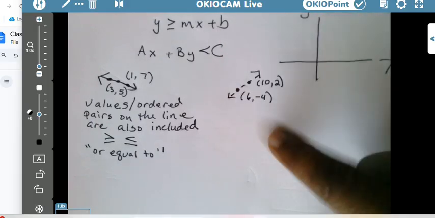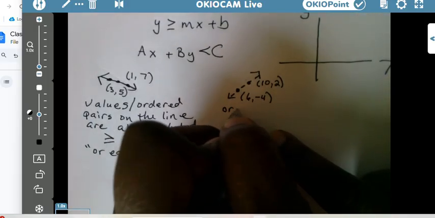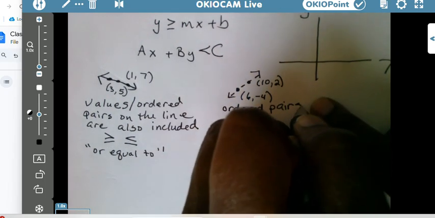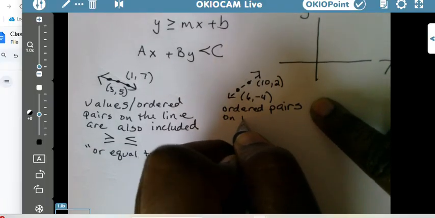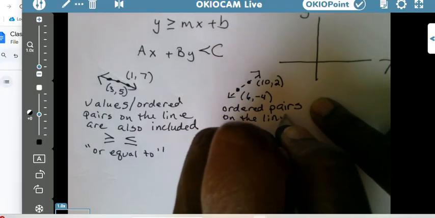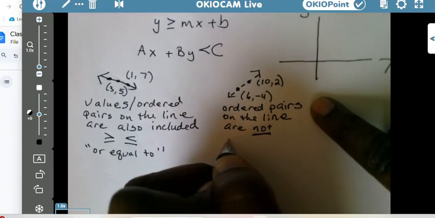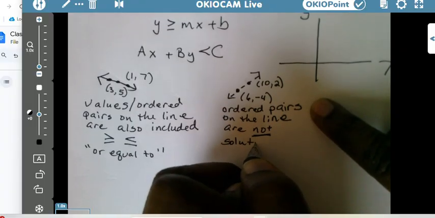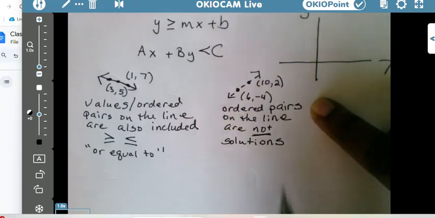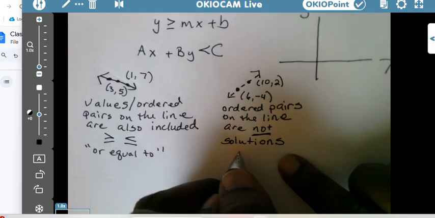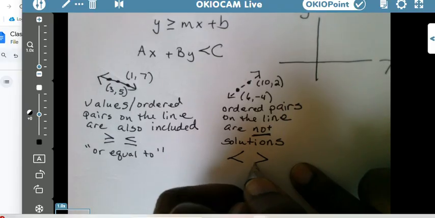So dotted line: the ordered pairs on the line are not solutions. And those inequality symbols are less than or greater than.